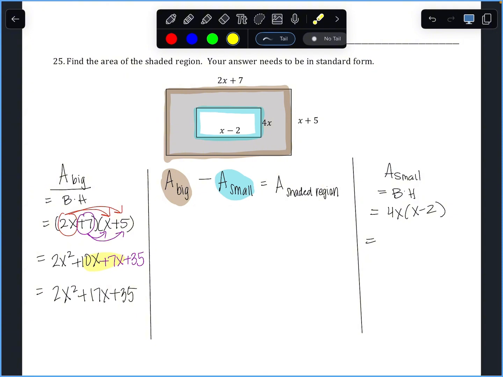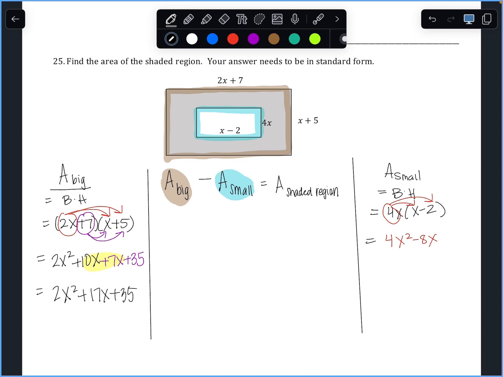Therefore, when we distribute, we get 4x squared minus 8x. Okay, so now what do we do? We put these two ideas together, right?